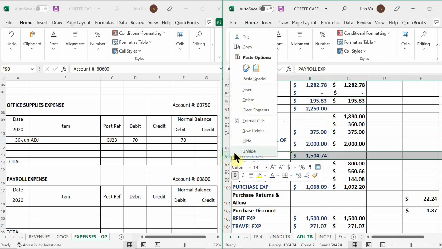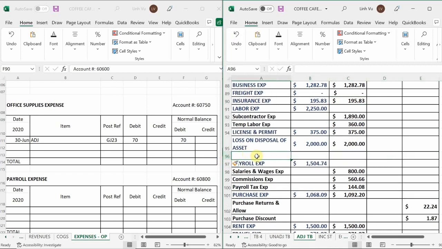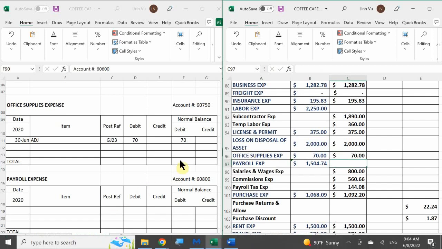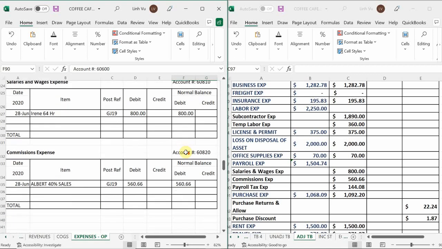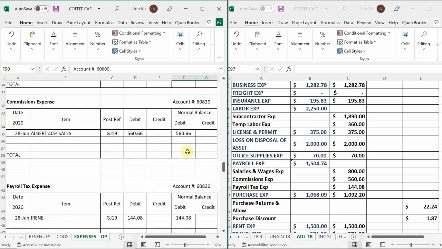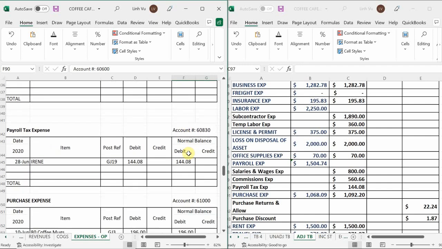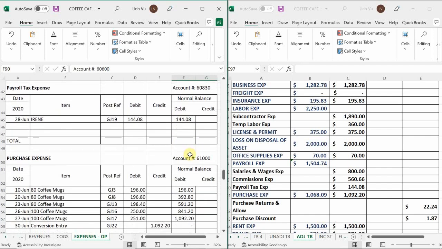So that's going to go right above my payroll. And we know it is at $70 right now. Okay. Payroll, right? Everything's still the same, right? $800 for salaries, $560.66 for your commissions, and the $144.08 worth of payroll taxes. So all of that is still the same.